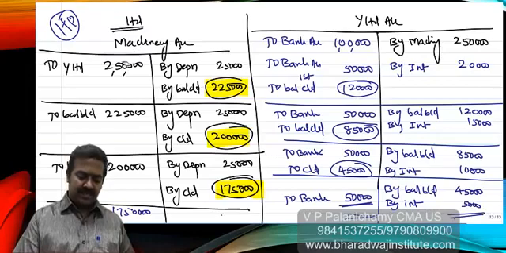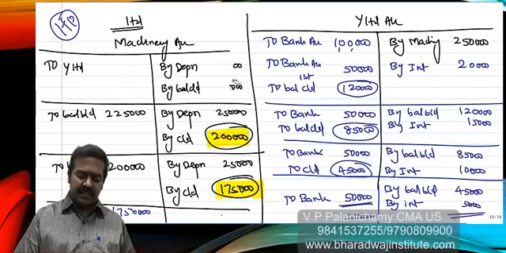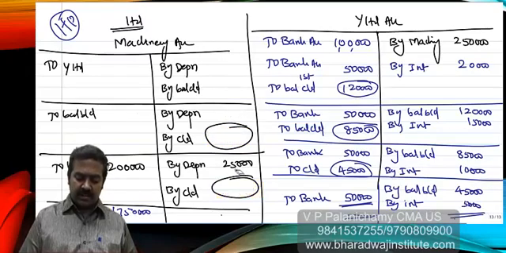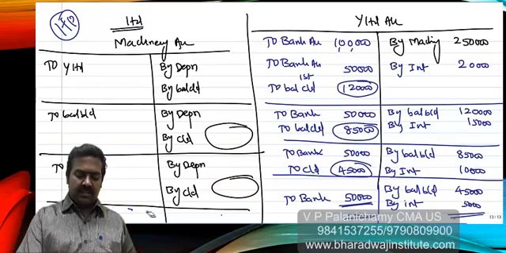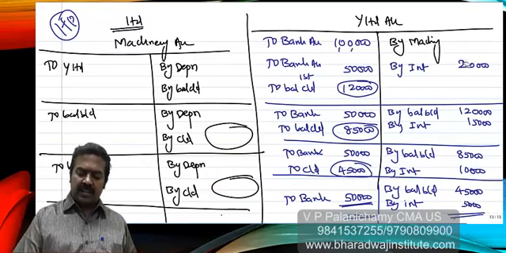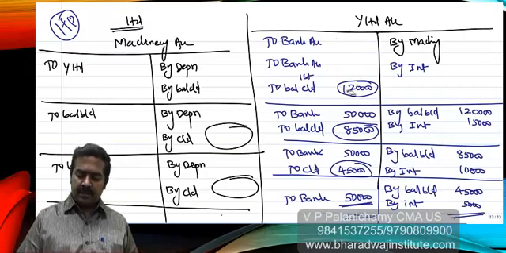What is the name of the asset purchased? Machinery or truck? Machinery. Who's the vendor? B Limited.